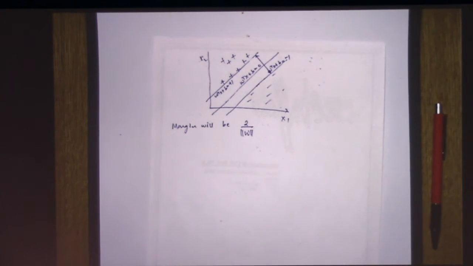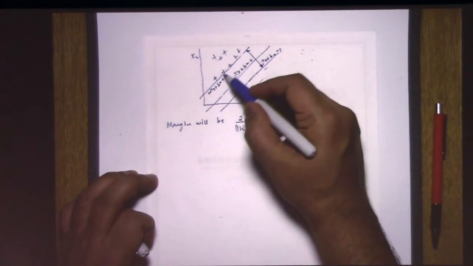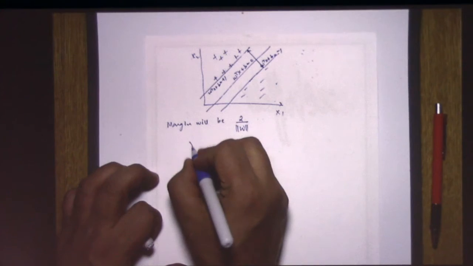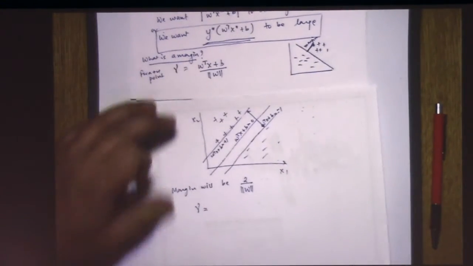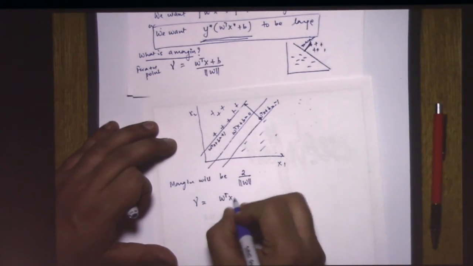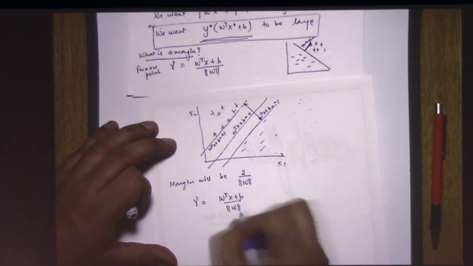We can look at that. Basically, for these points, if you remember, gamma for the positive points is w transpose x plus b over the magnitude of w.